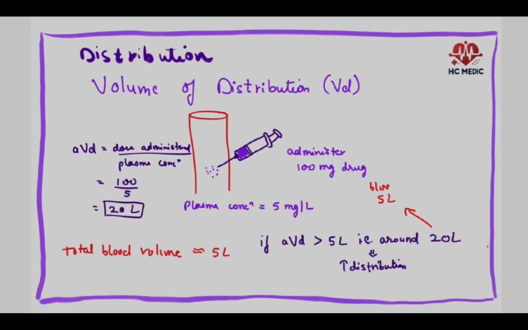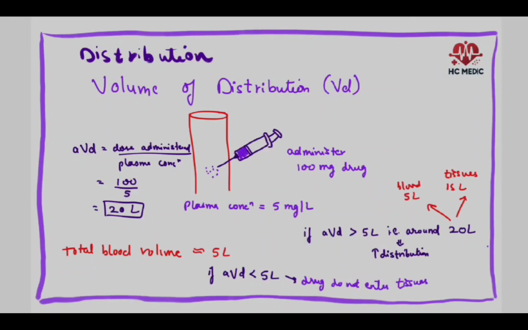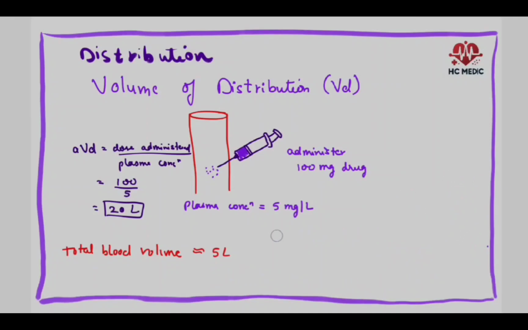If we divide 20 liters into 5 liters and 15 liters, the drug remains in 15 liters in the tissues, so it has a high volume of distribution. If AVD is less than 5 liters, the drug does not penetrate the tissue much, because it has very low concentration in tissues and remains in the blood circulation only.